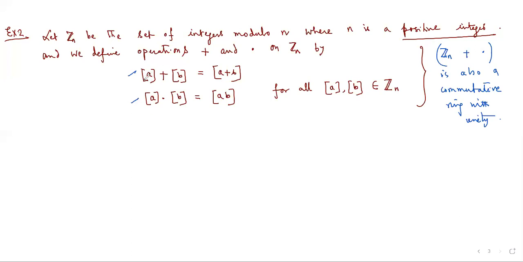I'm not going into the details of the proof of this result. You can verify it by yourself. It is an example, and I'm considering this as homework you are supposed to do.